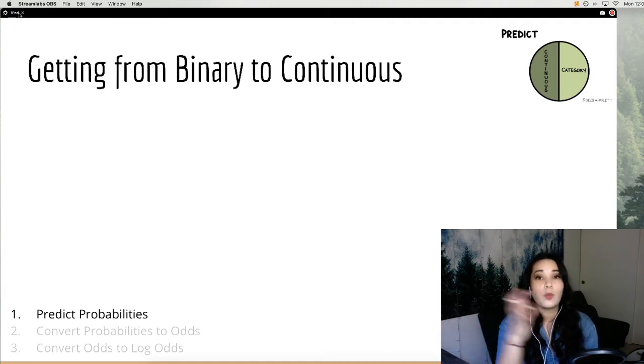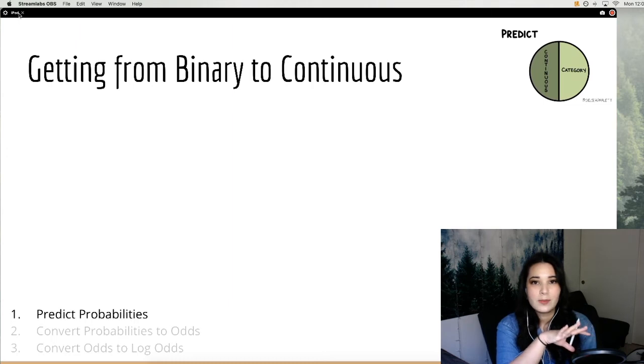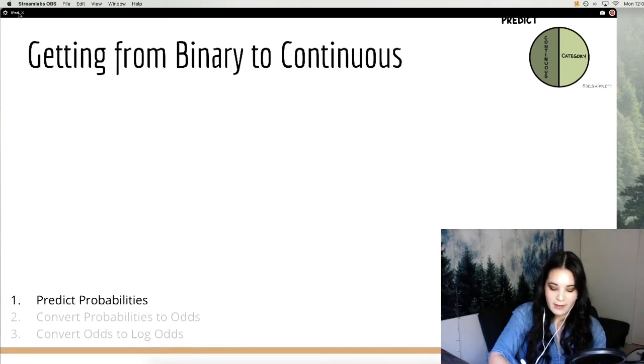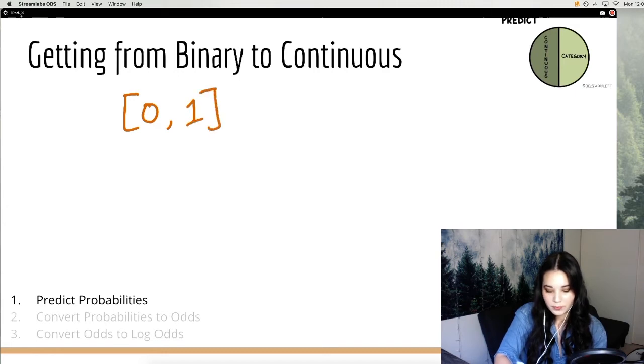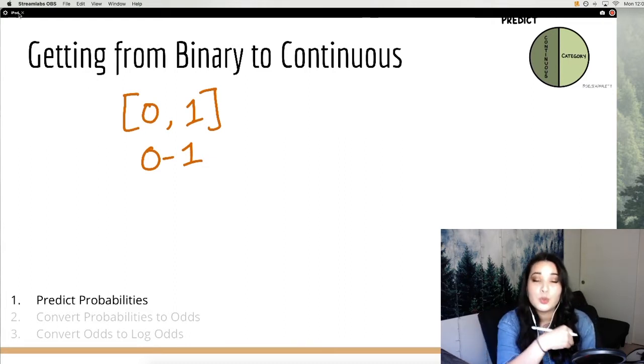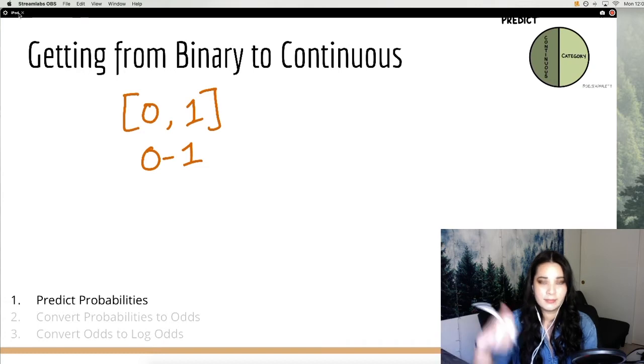And that's already one step closer to where we need to be, because instead of having just a 0 or a 1, we are now allowing the values that our model predicts to be any number between 0 and 1. So we're one step closer.